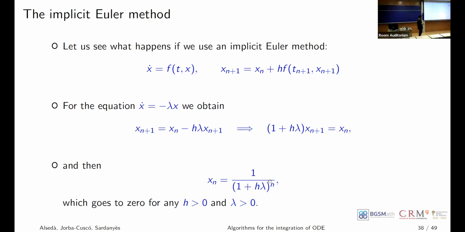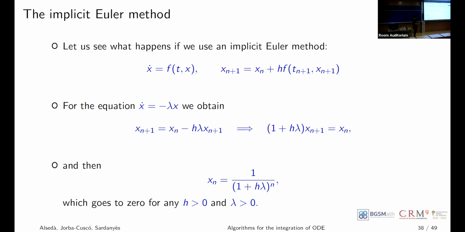And notice that this is the x0, this one. And this converges for any positive step size and positive lambda. I mean, lambda is positive from the beginning. Okay.